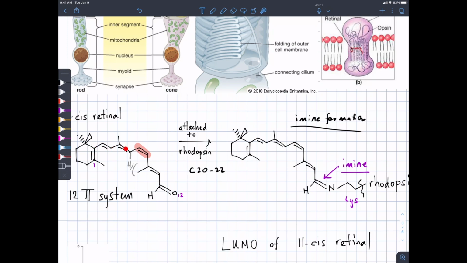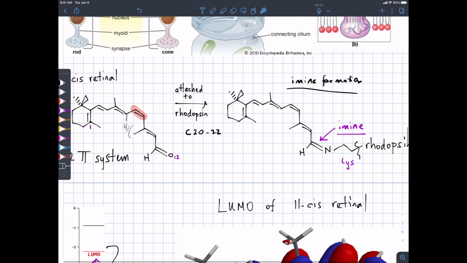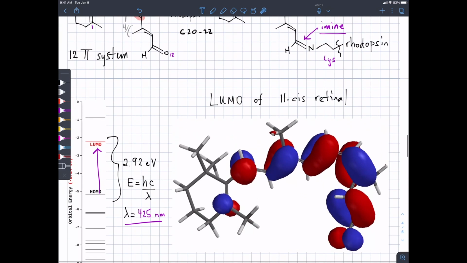But basically, we have this system of 12 p orbitals and therefore 12 pi molecular orbitals. And here I'm showing you the LUMO of 11-cis retinal. You can see that it spans most of those atoms.